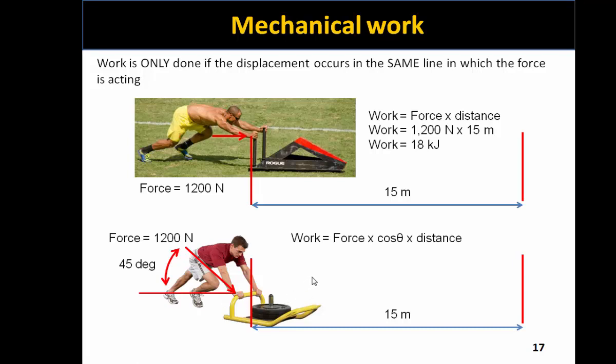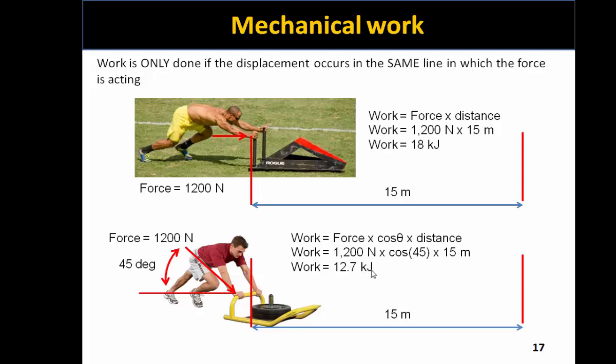And that horizontal component is going to be equal to the applied force of 1200 newtons times the cosine of the angle times the distance. And so we input our resultant force of 1200 newtons. We multiply that by the cosine of the provided angle here of 45 degrees, multiply that by 15 meters, and we see a total work performed of 12.7 kilojoules.